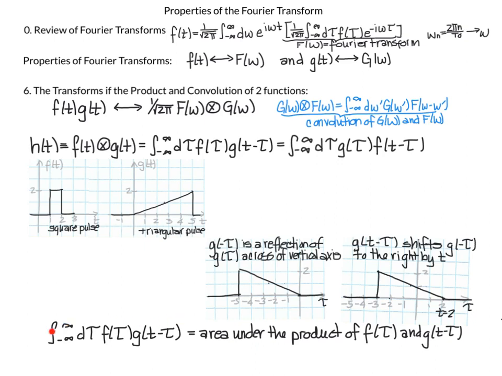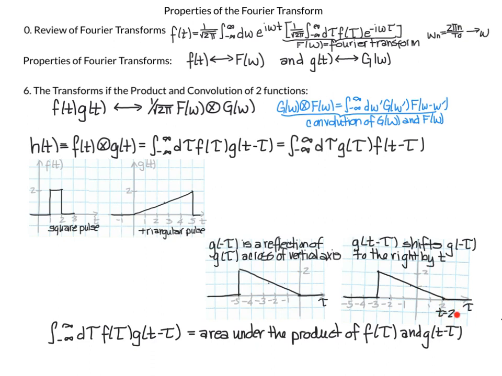Now when we look at this integral, we can interpret it as the area under the product of f of tau and g of t minus tau. And I also want to point out that this area depends on how much we've shifted our curve g over, in other words, what our value of t is.